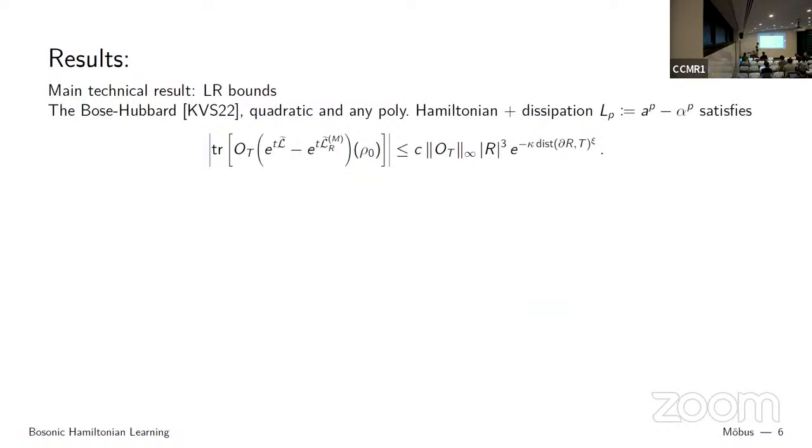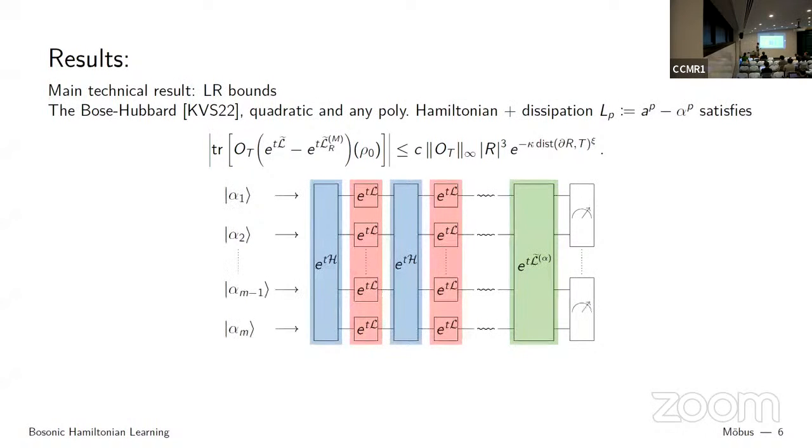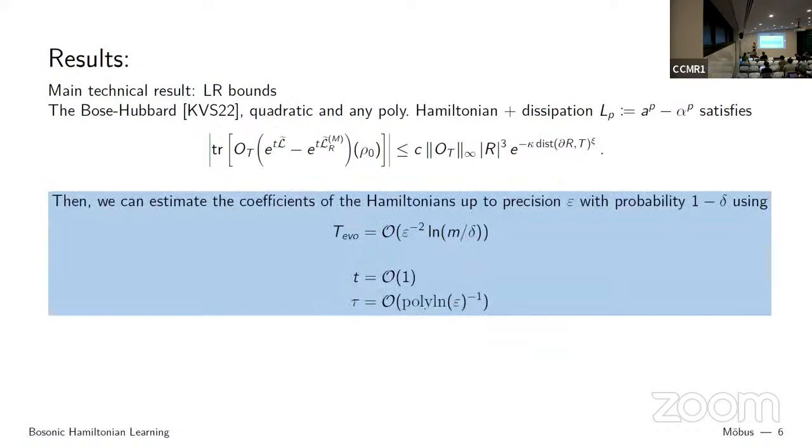Okay, so if you have this Lieb-Robinson bound, we can prove the following, which is exactly what we want to achieve. We can estimate the coefficients in the Hamiltonians, like the lambdas, mus, and us in the Bose-Hubbard model, up to a precision epsilon with some underlying probability coming from the probabilistic nature of quantum physics.